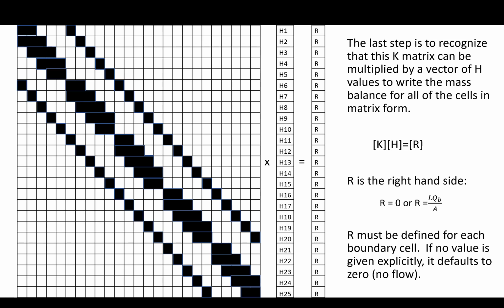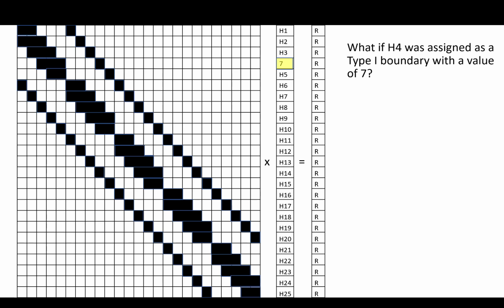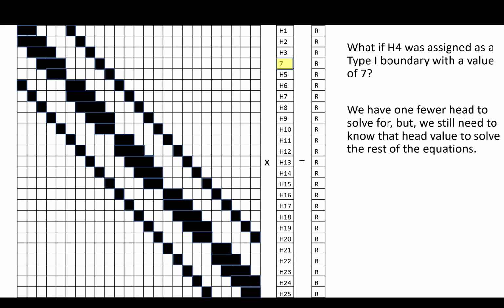Now, we can do many things with this representation. For instance, what if cell H4 was a type 1 constant head boundary with a value of 7? In this case, we'd replace the head with 7, and we'd have one fewer head to solve for. But we'd still need to know that H4 value because it's multiplied by non-zero K cells in all of the cells surrounding H4.